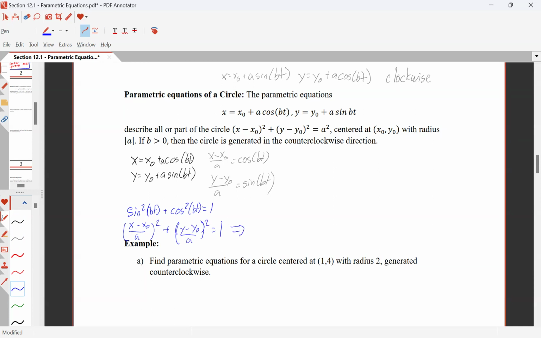And multiplying both sides by a squared gives us (x minus x naught) squared plus (y minus y naught) squared equals a squared. And there is our equation of a circle. So we can go back and forth.